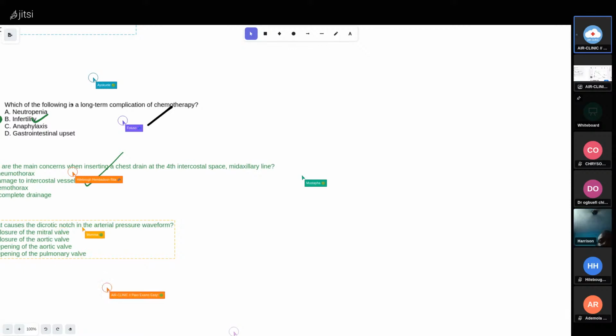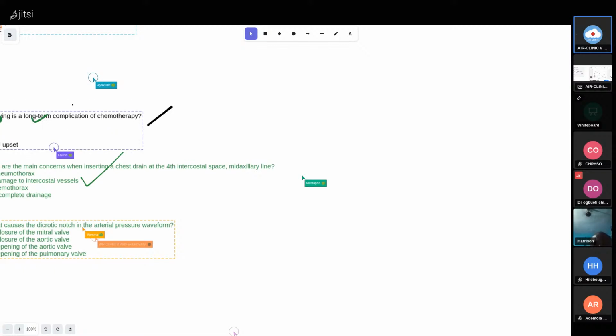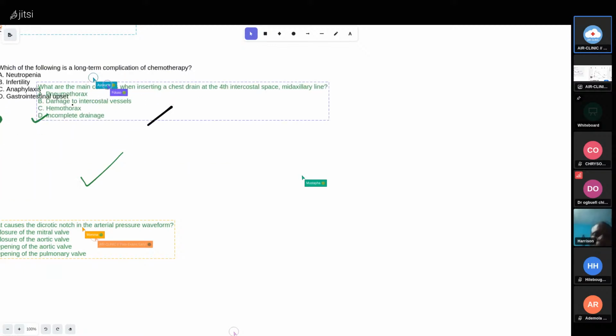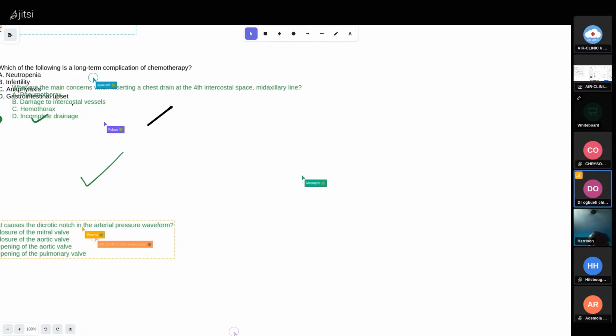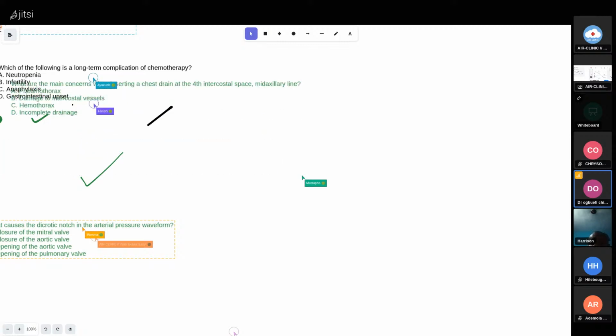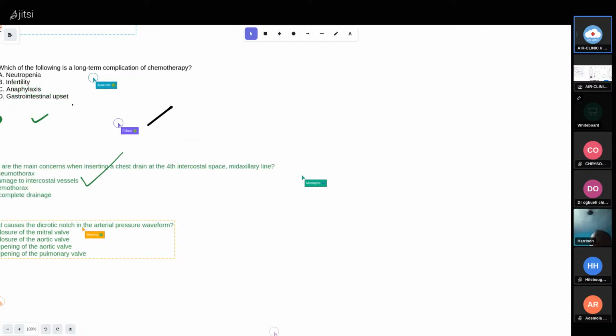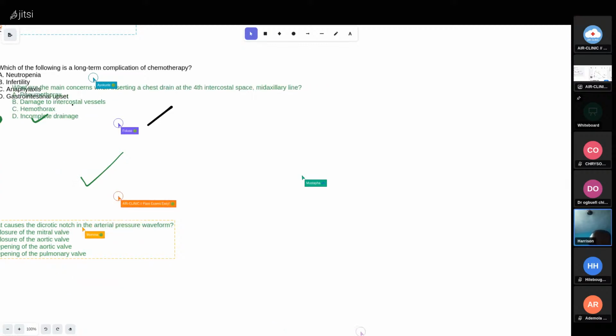Can you guys see the screen? So there's a slight notch that is shown, and that notch indicates the dicrotic notch. It coincides with the time when the aortic valve is getting closed. So that's option B.